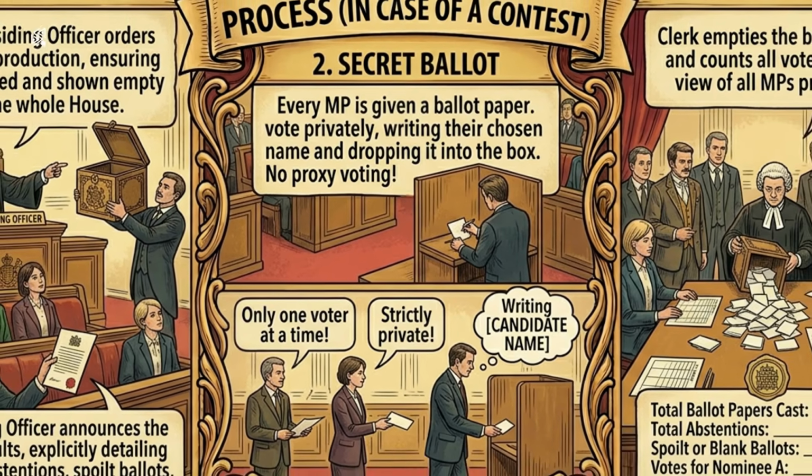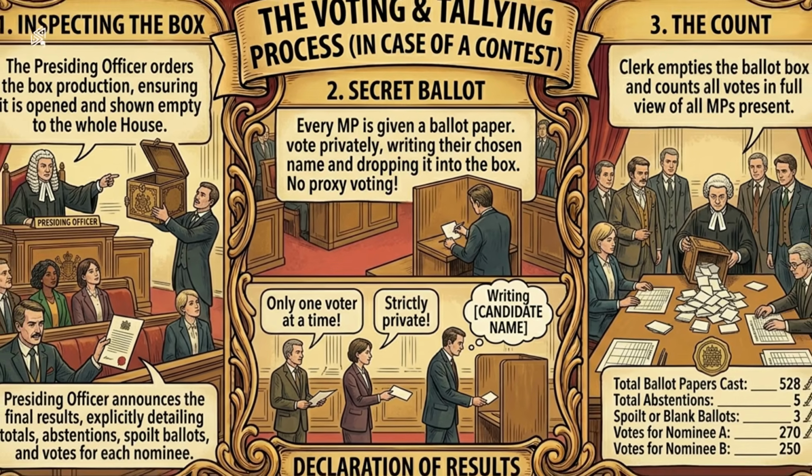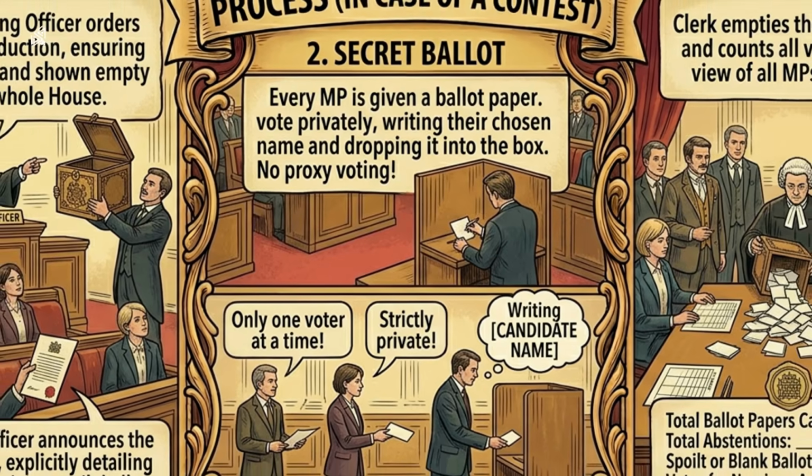Step 5 is the voting and tallying process in case of a contest. Inspecting the box: before voting begins, the presiding officer orders the production of a single ballot box and ensures it is open and demonstrated to the entire House to prove it is empty. Secret ballot: every MP present is given a ballot paper. They proceed individually to a designated private voting booth within the chamber, write the name of their preferred candidate, fold the paper, and drop it into the box.